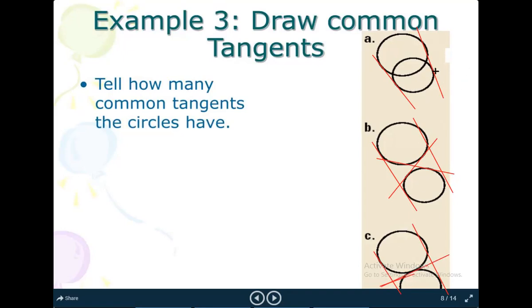Then two intersecting circles, we have 2 common tangents. Distant circles, we have 4. Touching externally, we have how many? 3. What about if they are touching internally? Do you expect how many common tangents? 1. Very good.